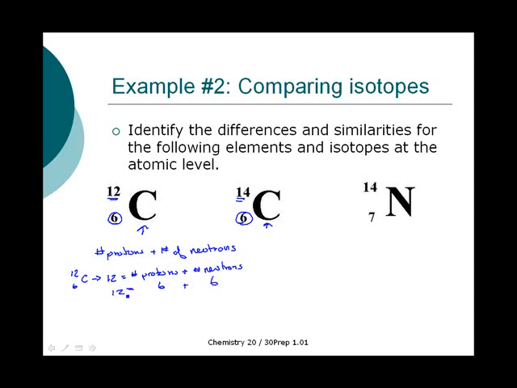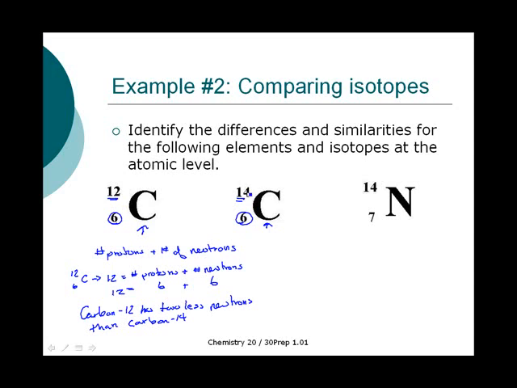That's where we get our 12 from. So carbon 12 has 2 less neutrons than carbon 14. They have the same number of protons, but carbon 12 is a little bit lighter. It has two less neutrons.